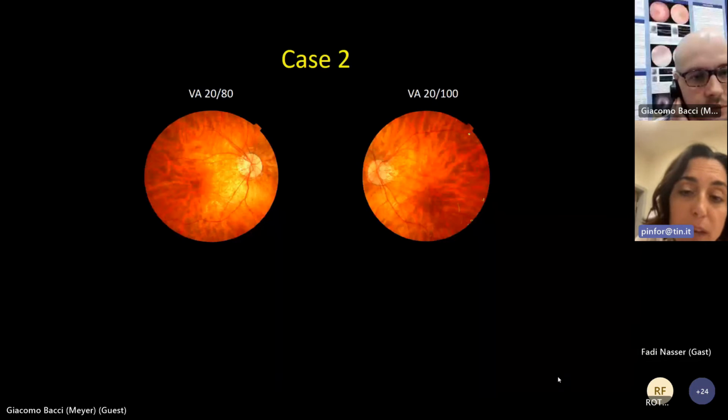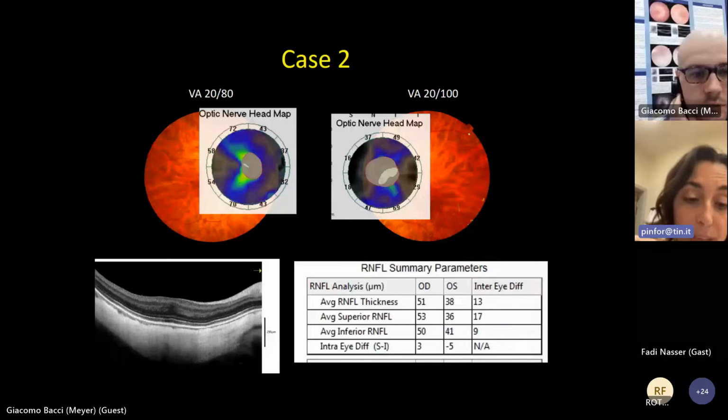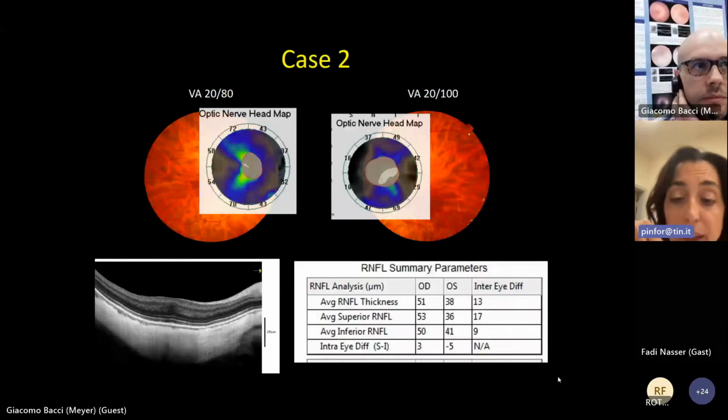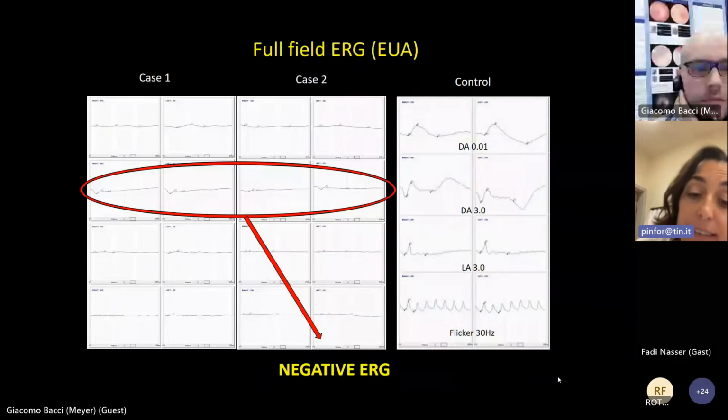The second case is the same. We have a myopic fundus ophthalmoscopy, the same low grade of foveal hypoplasia, and also in this case at the OCT examination, very low RNFL thickness. We also examined the full field ERG, and an important aspect, we find a negative full field ERG.